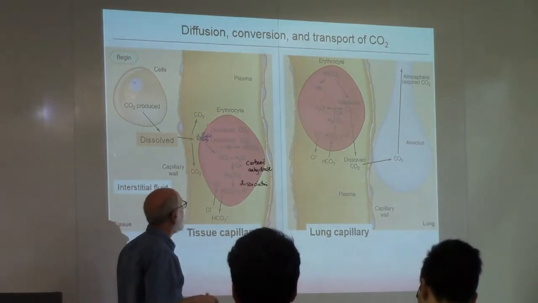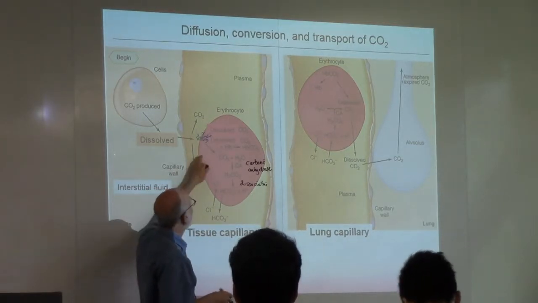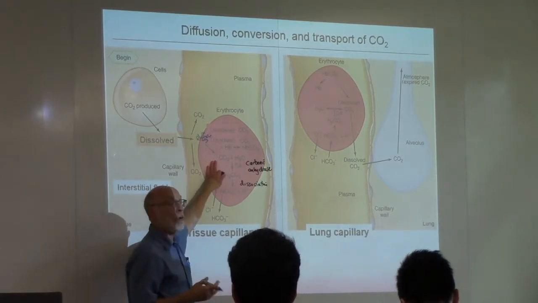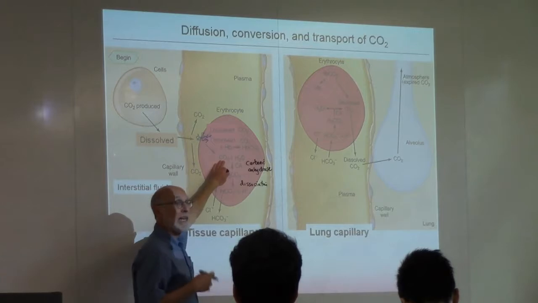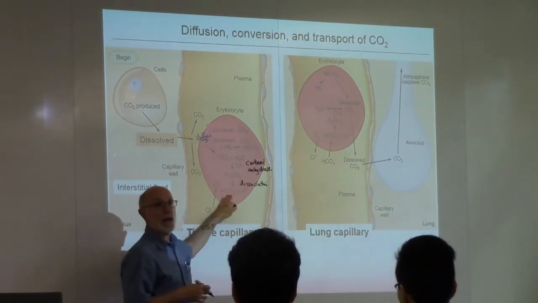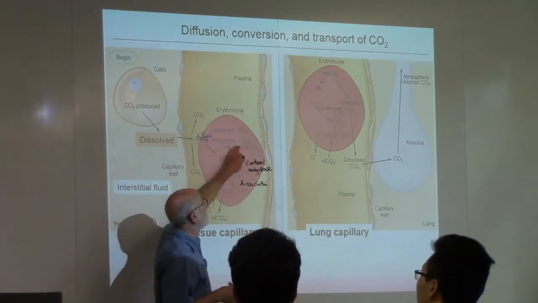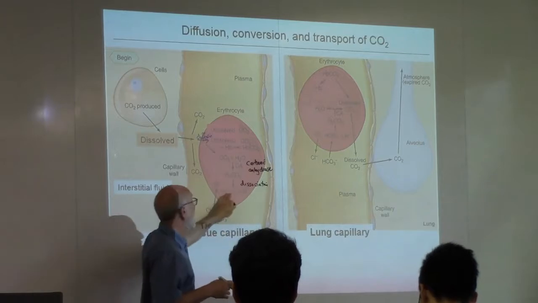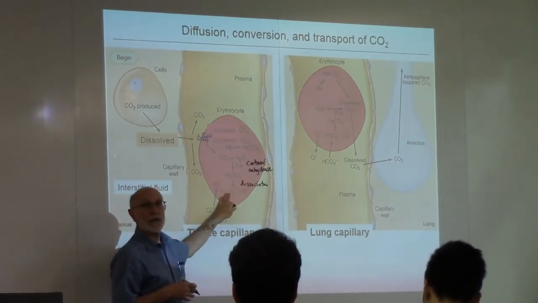Okay, so we have converted some, maybe most actually, of the CO2 that gets inside the red blood cell into bicarbonate ion. Some of it is bound to hemoglobin, and some of it stays as dissolved CO2, but a lot of it got converted to bicarbonate ion.